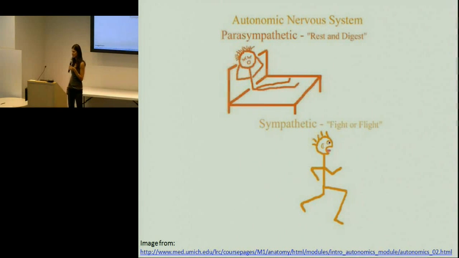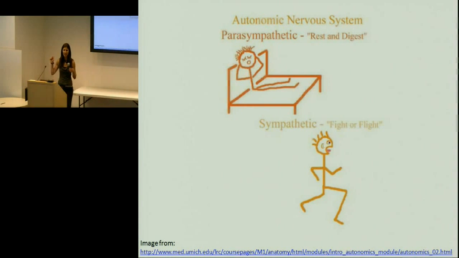This is called the parasympathetic rest or digest autonomic nervous system. When the parasympathetic pathway is in control, you feel like going to sleep. And if the sympathetic nervous system is taking over, this is the fight or flight response. Pupils dilate, and the heart starts to beat a lot faster.